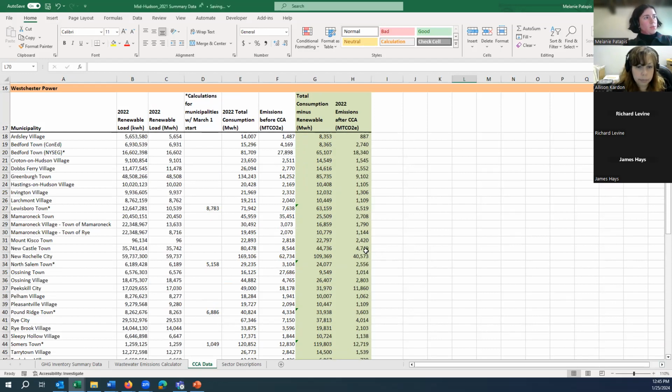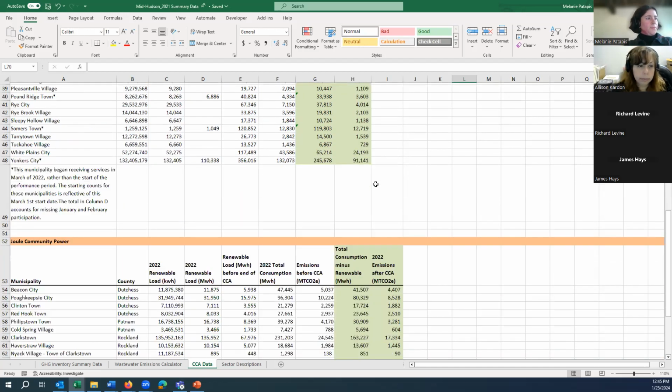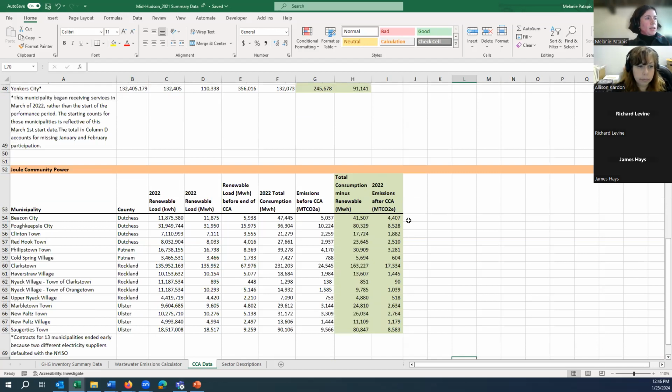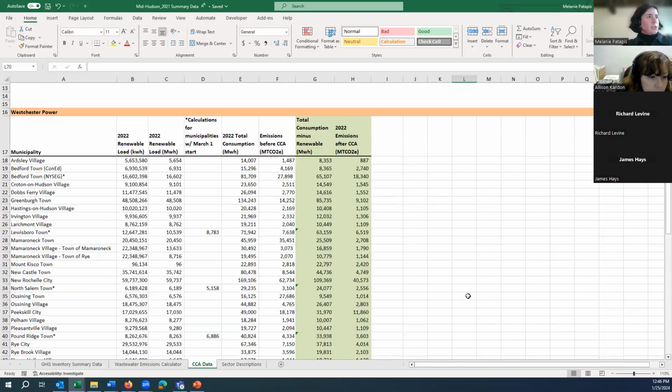We decided to keep this in because it shows you the emissions before CCA and the emissions after CCA. So if you're interested in getting your community involved in a CCA, you can look at these emissions reductions as a way to encourage your community to get involved. And so the communities that this has been applied to are listed here. And again, it's already been accounted for and here for your information.